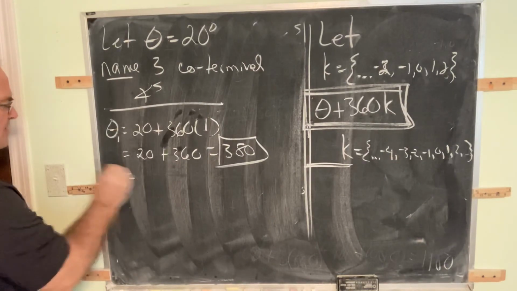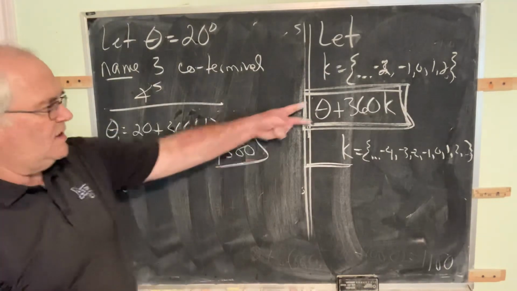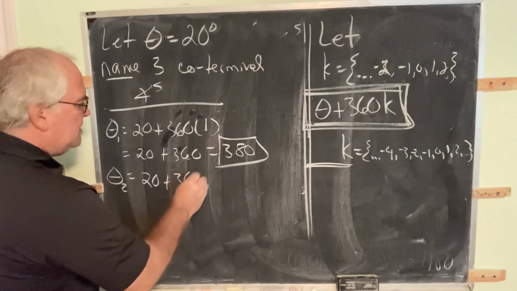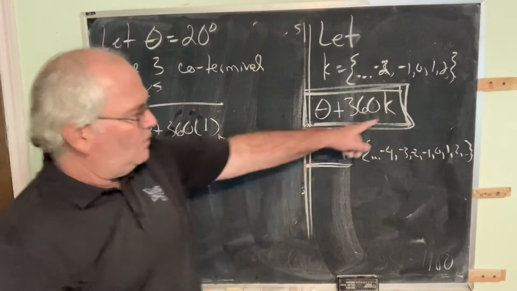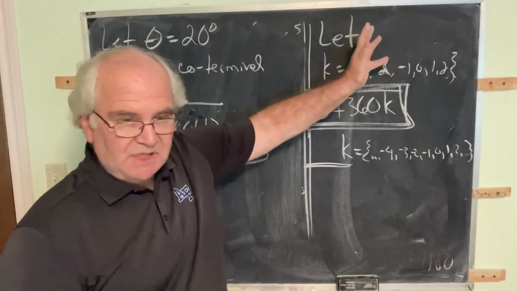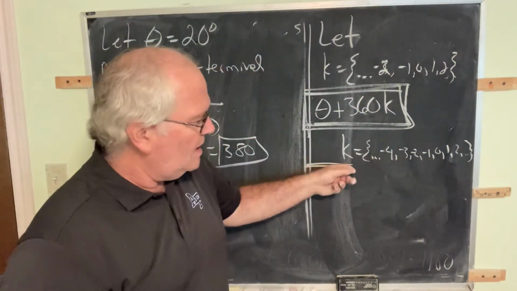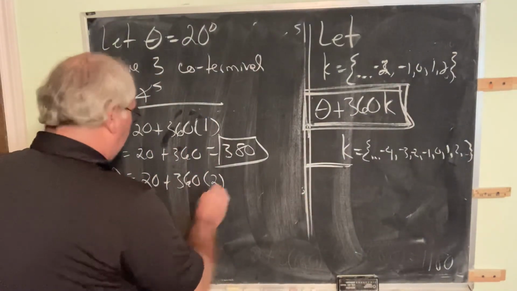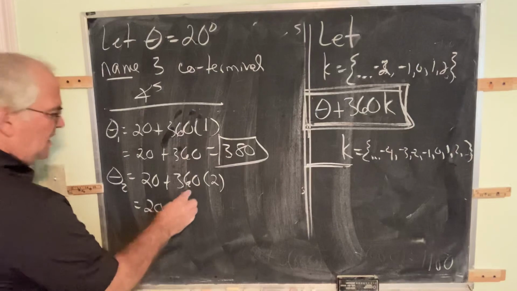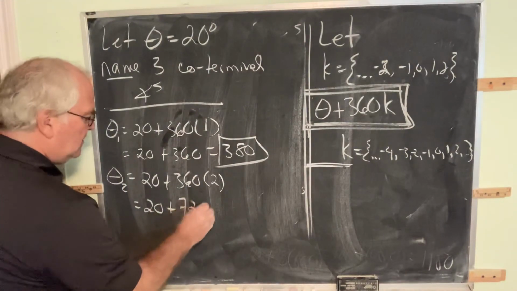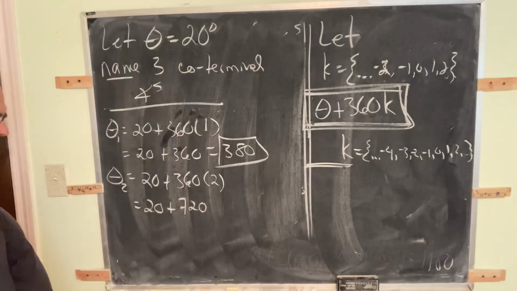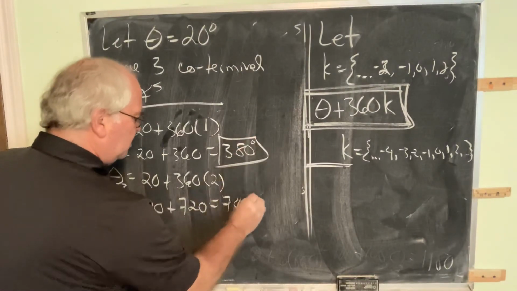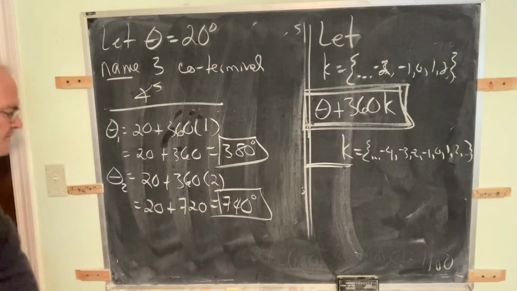Call this theta number 2. Well, what is it? It's theta plus 360 times whichever K you like best. Just pick one out of the blue sky. Pick 2. 2 is a fine number. So this is 20 plus 720, which is 740. I should put degree symbols.